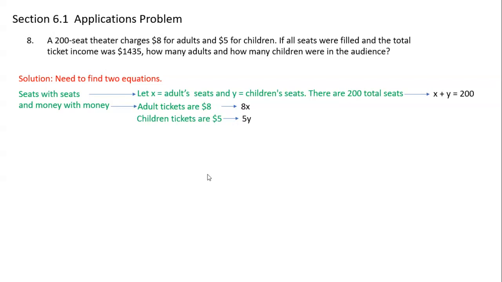We know that the total income the theater acquired was 1,435. So in my second equation, the total income is adding these two together, and it would be 8x plus 5y is equal to 1,435.